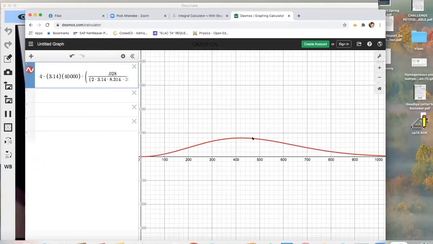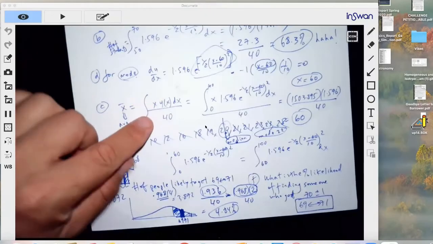So how would we calculate mathematically the average value? How did I do it for the Gaussian? Let's see, what did I do for the Gaussian? Oh, remember for the Gaussian, I did this to find the average.